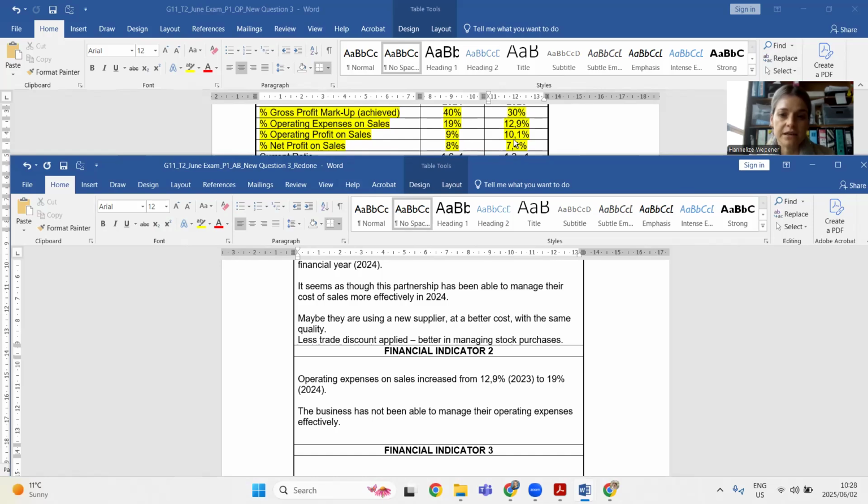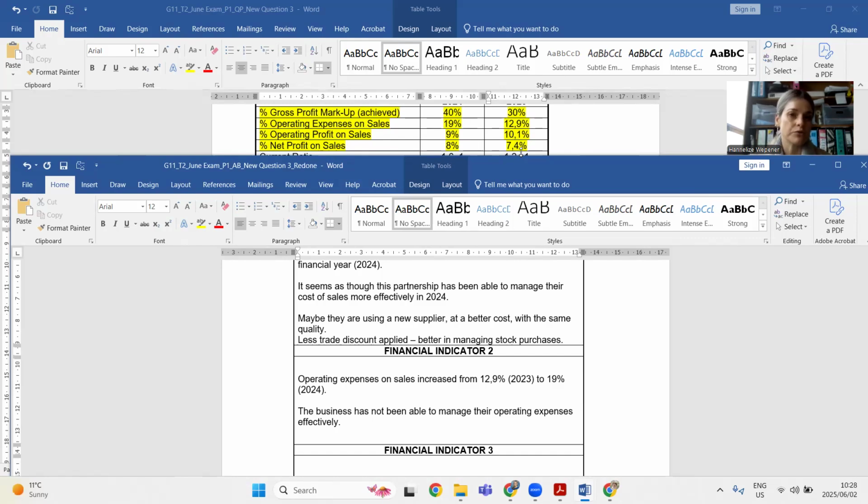You see that movement there? That was 10,1. Now it's 7,4. Now your operating profit is 9% and your net profit on sales is 8%. So there's only a 1% movement. Here it's almost 3%. So less interest expenses. That is at least something good.